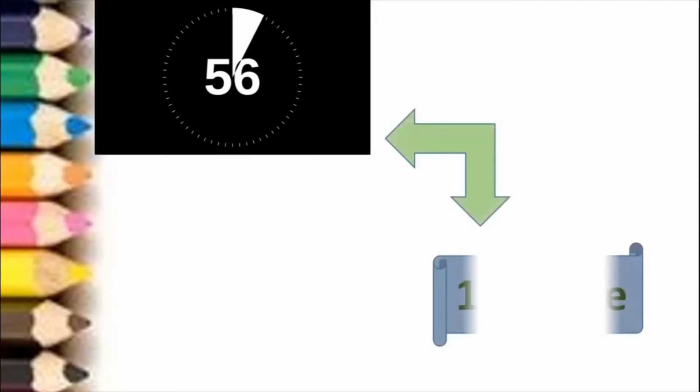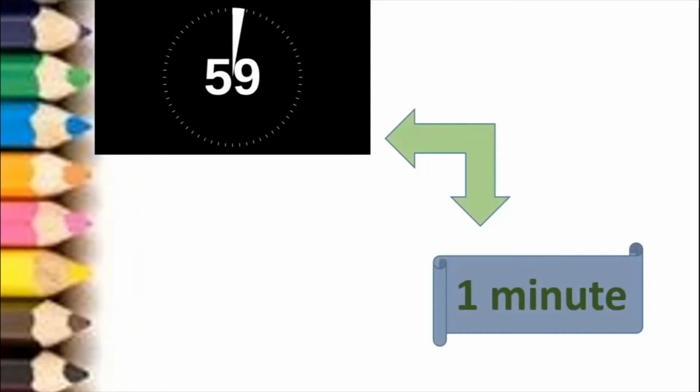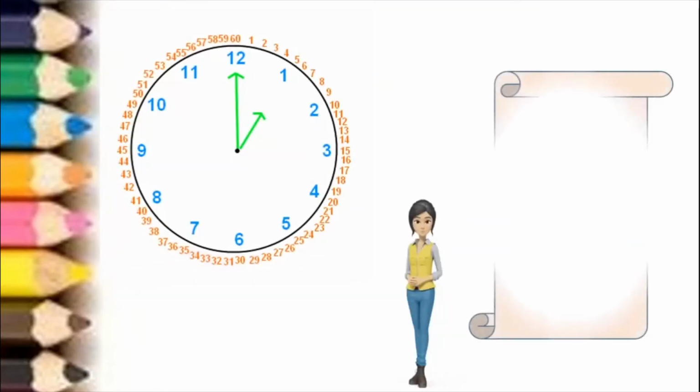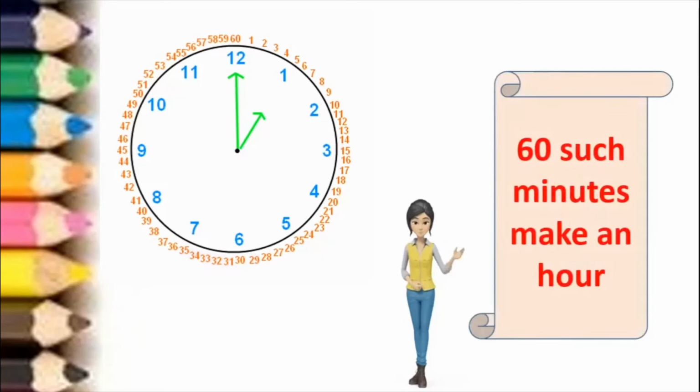So these are the seconds, 60 seconds, which goes on to make 1 minute. Alright, and then you will see that 60 such minutes make an hour. Okay, so on this clock, can you see 1, 2, 3, 4, 5, 6, 7, right up to 60.